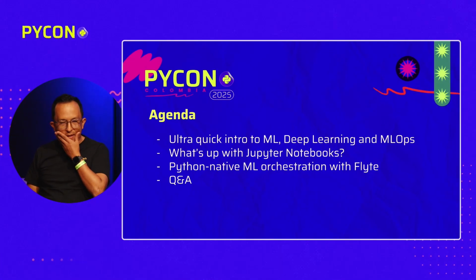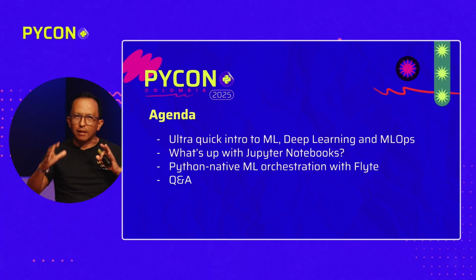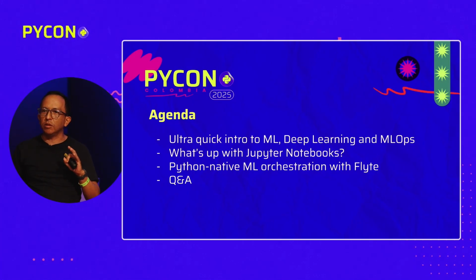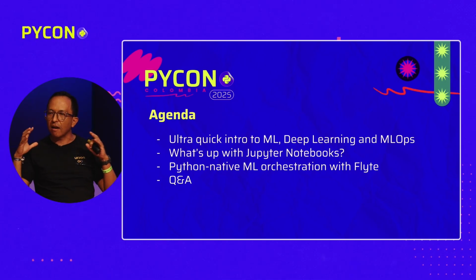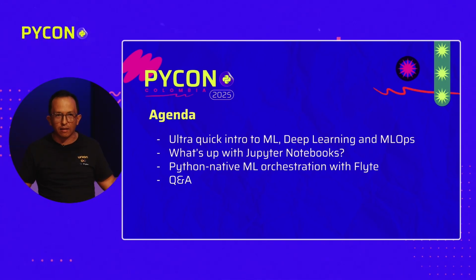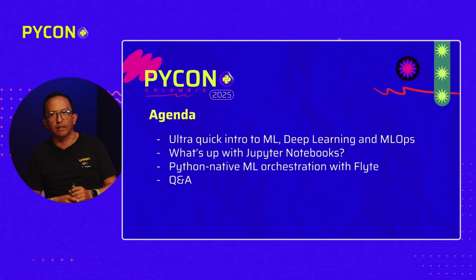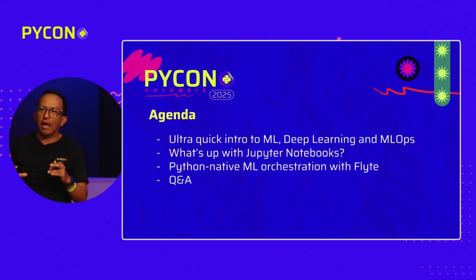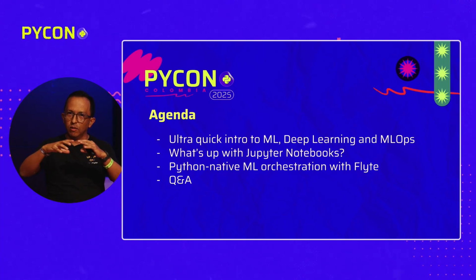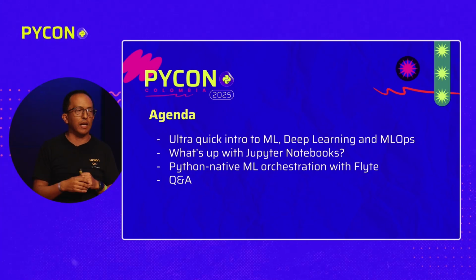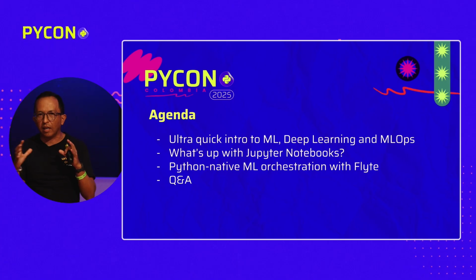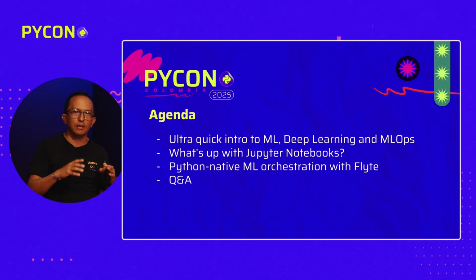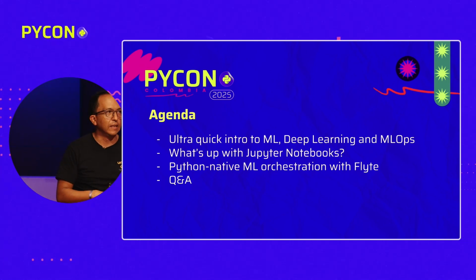So essentially in this talk, we'll discuss some of the challenges with Jupyter notebooks, which is a very widely adopted tool in the data science space. But before that, and for the benefit of the rest of the audience who didn't raise their hand, I will give a quick, ultra fast intro to ML, deep learning, and ML ops.